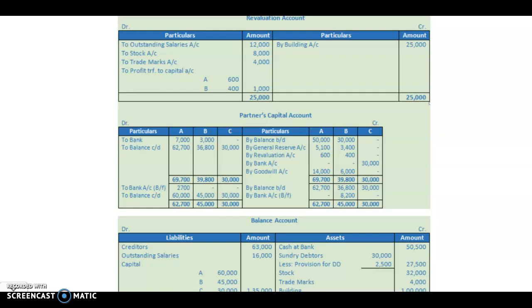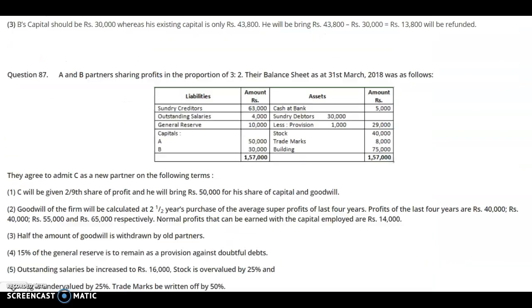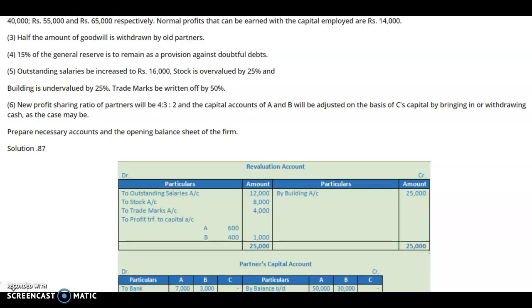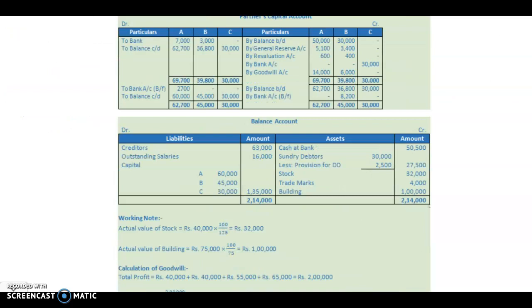That will also be deducted from this, and the net amount will be shown here. Opening balance 5,000, addition 50,000, withdrawal of the goodwill, that is 10,000 in cash. The remaining balance will be shown here. Here it has to be adjusted somehow. How? 2,700 to be withdrawn and 8,200 will be added in the bank account.